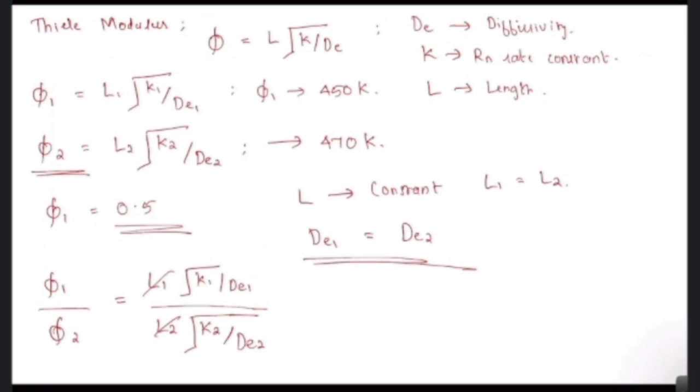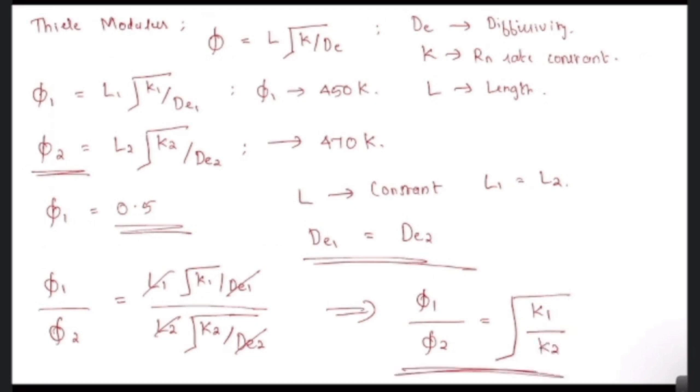De1 is equal to De2 because the mass diffusivity is independent of the temperature, so we can cancel out De1 and De2. So this will lead us to phi 1 by phi 2 is equal to root of k1 by k2. Let us take this as equation 2.